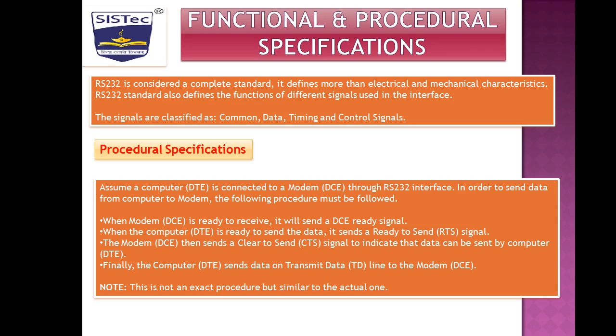The modem then sends a clear to send signal, indicating to the DTE that data can be sent by the computer. Finally, in the last step, the computer, DTE, sends data on the transmit data line, that is the TD line, to the modem, called DCE. So students, it is important to understand this is not the exact procedure, but it is similar to the actual one which exists.